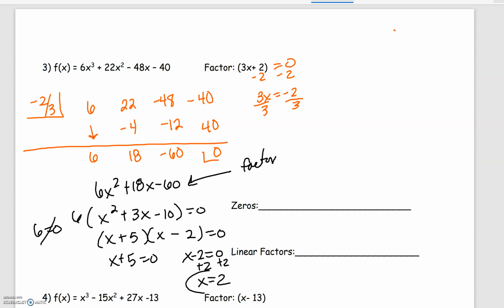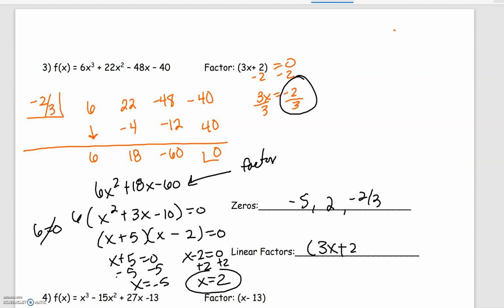So x equals 2 and x equals -5. So -5, 2, and our -2/3, our factor that we started with, and then our factors: 3x plus 2, x plus 5, and x minus 2.